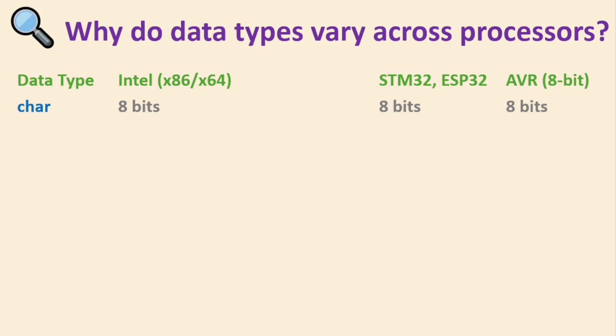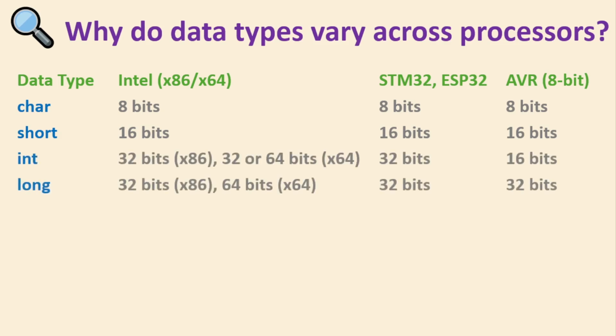When it comes to integers, we have 4 types: short, int, long, and long long. The memory size of short is consistent across all processors at 16 bits.